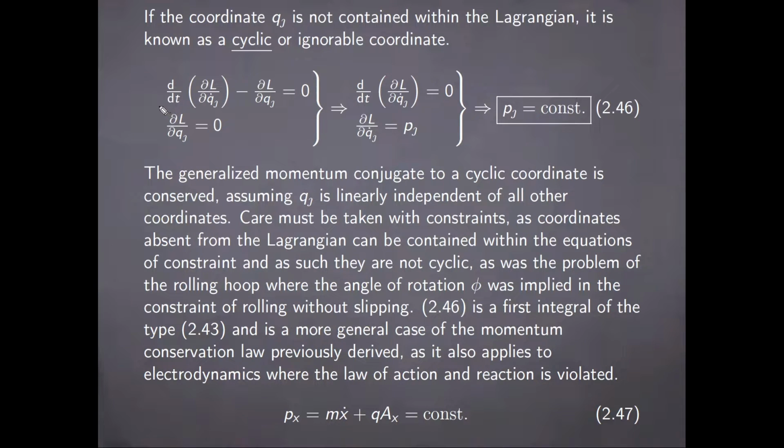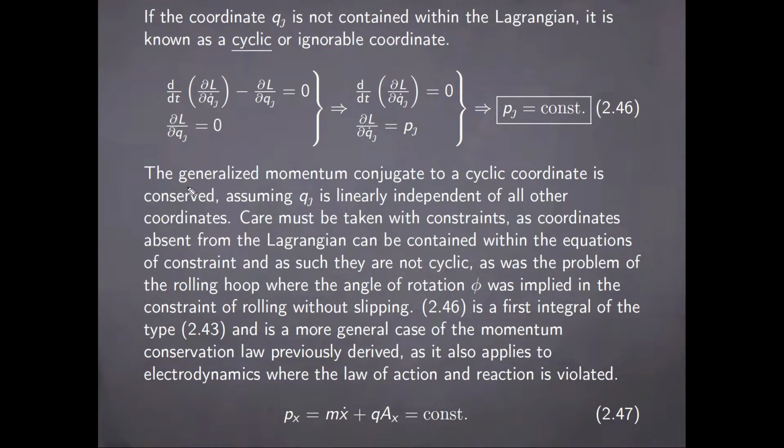And in that case, if we write the Lagrange equation for the qj generalized coordinate in its general form, and we apply the condition that qj is not contained within the Lagrangian, then this derivative vanishes, and it follows that the equation reduces to the form here, where by definition the derivative in the bracket is just the j component of the canonical momentum, and therefore what this equation says is that the j component of the canonical momentum is constant.